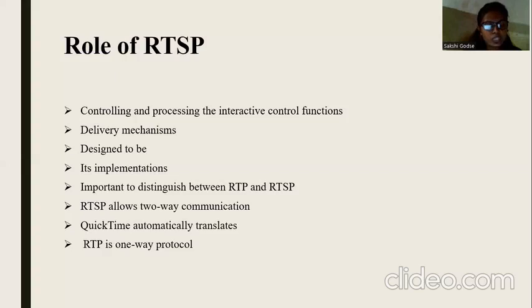RTSP allows two-way communication, that is, viewers can communicate with the streaming server to do things like rewind the movie, go to a chapter, etc. QuickTime automatically translates the viewer interaction with the on-screen movie controls into the proper RTSP requests. And lastly, RTP is a one-way protocol used to send live or stored streams from a server to the client.